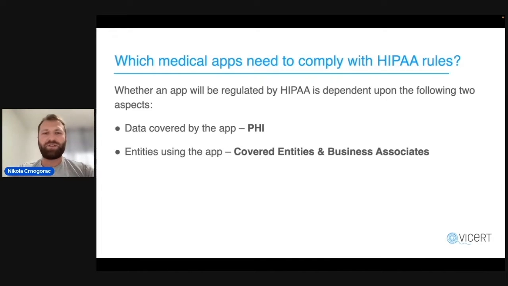You will see PHI mentioned a lot in this presentation, because that is the foundation of everything we work on for the apps that we use in the medical industry. And the other is entities using the app. So we will go a bit deeper on that.